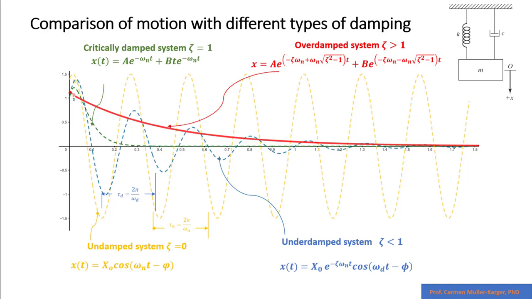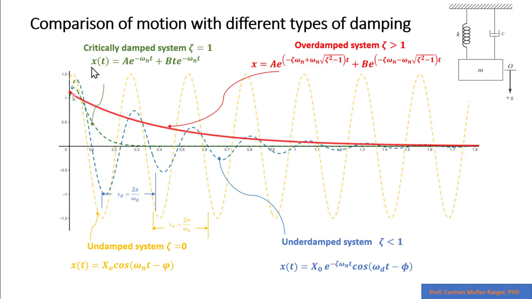If we compare here the four cases, the first one that we analyzed is the undamped system, where the amplitude remains constant and the system vibrates at its natural frequency. Then we have the underdamped system, where zeta is less than 1 and the system vibrates at the damped frequency, and the amplitude of the motion diminishes with an exponential.